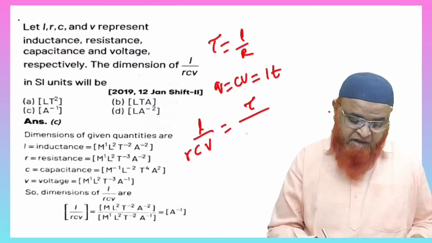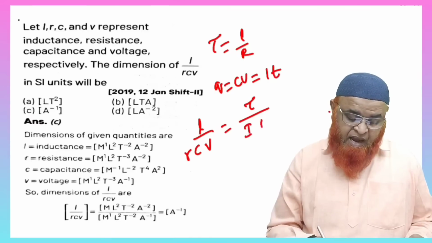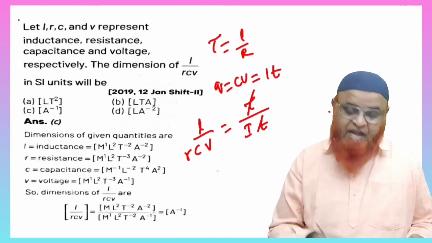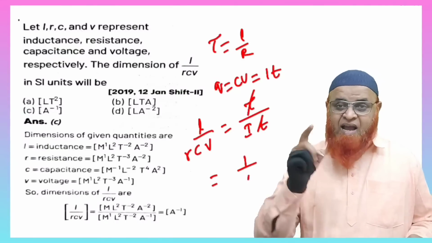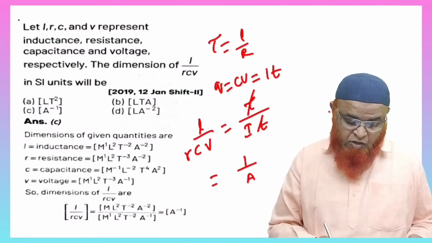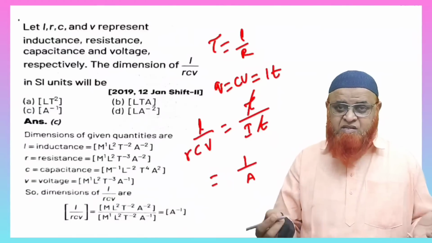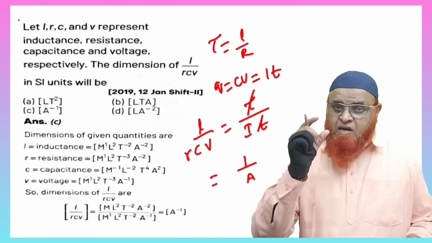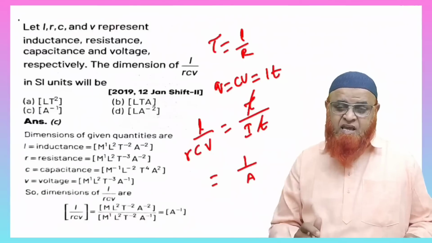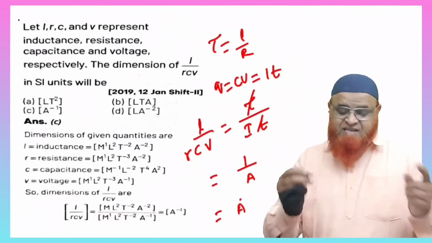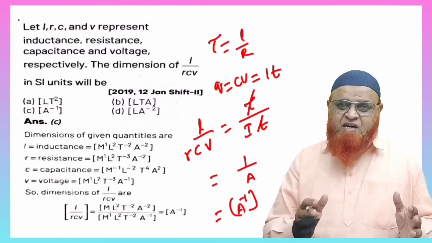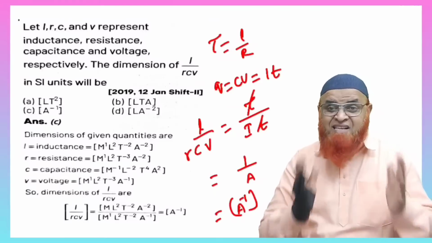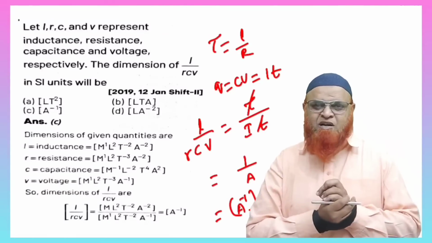L by R is tau, which is time, and Q is I into T, which is also time. So time gets cancelled. What is left is 1 by I. I is current, whose dimensional symbol is A, for ampere. Taking it to the numerator, we get A power -1. So is this not the simple method, instead of remembering all the dimensional formulas for dangerous physical quantities? Thank you.